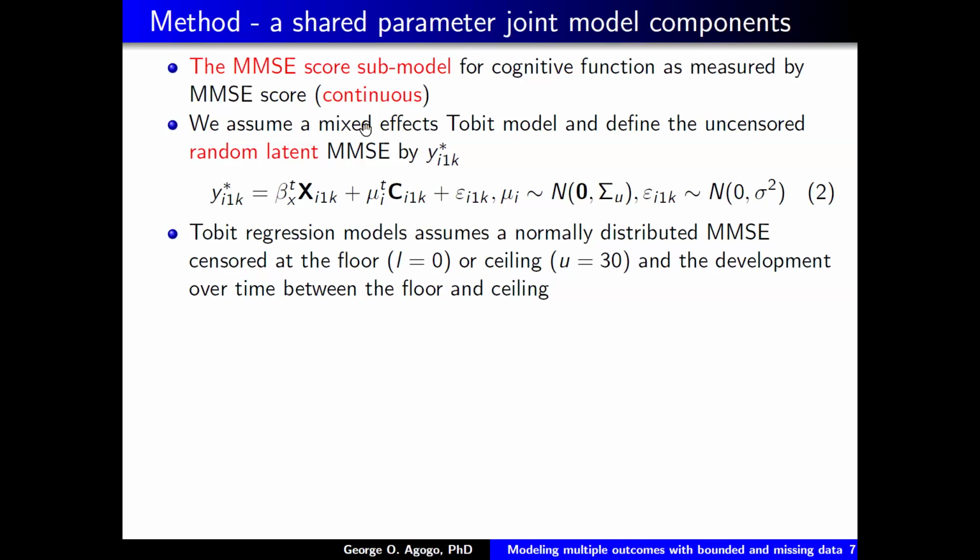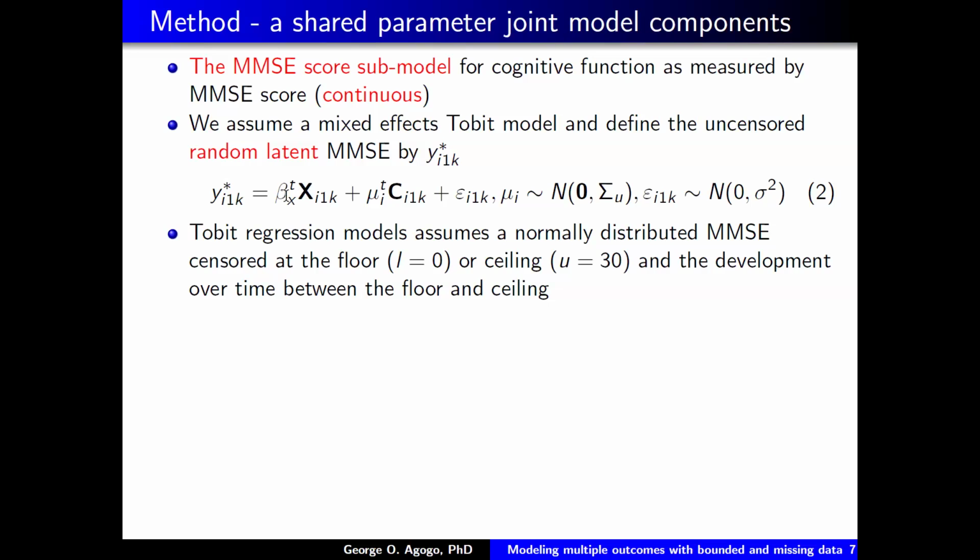It's a mixed effect model in the sense that it has the fixed effects component, denoted by beta transpose X. The X vector means the covariates, the risk factors that are measured, and beta is their effects.